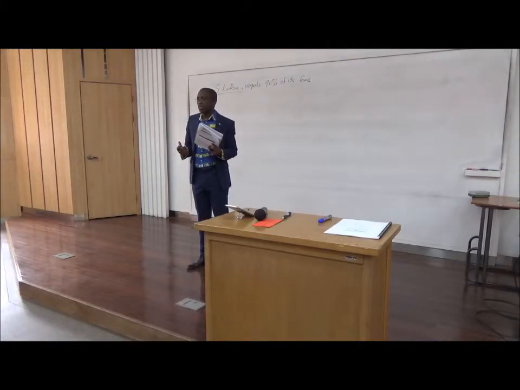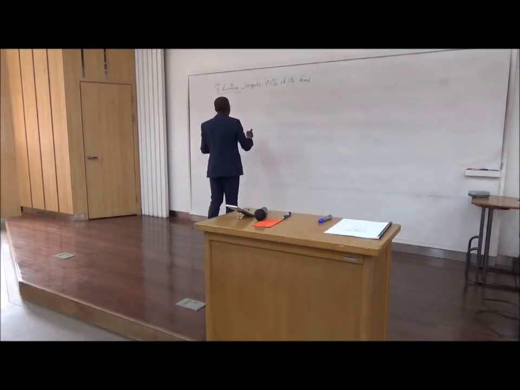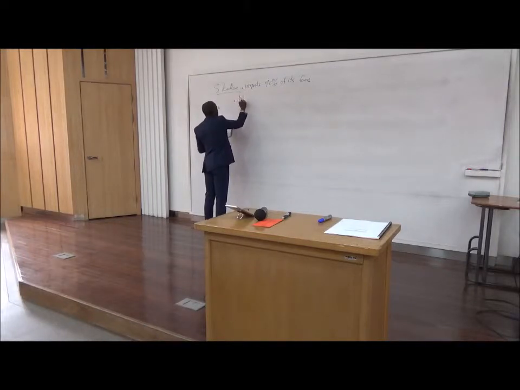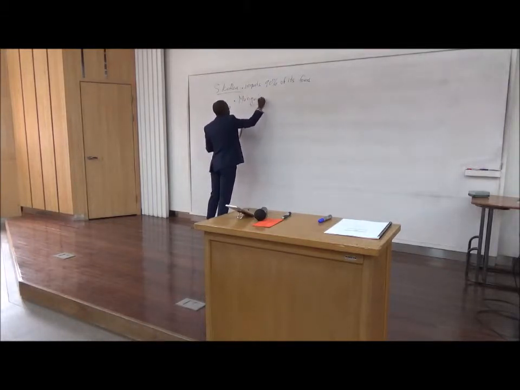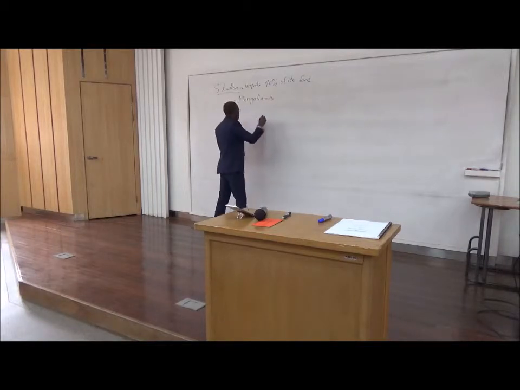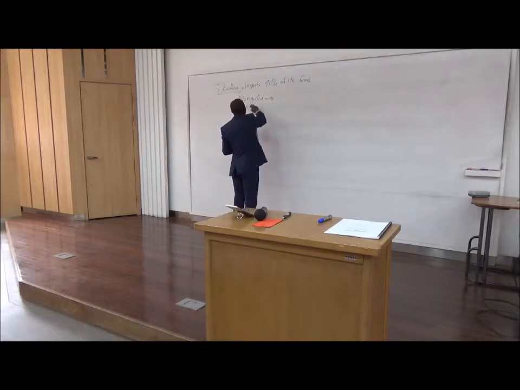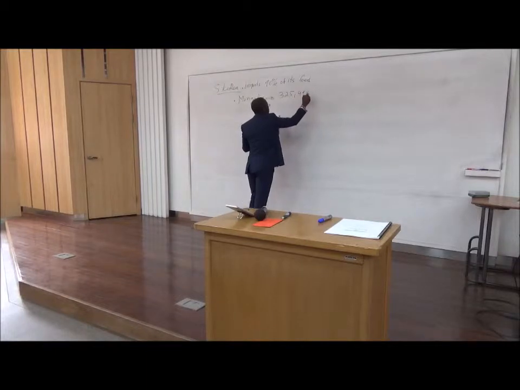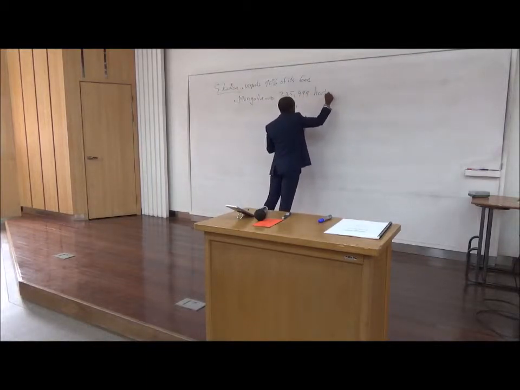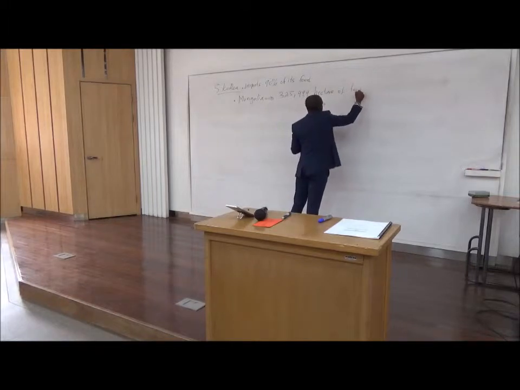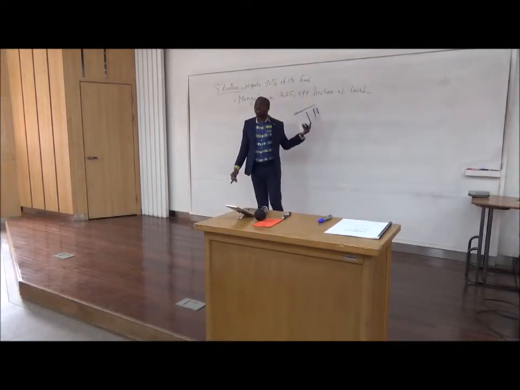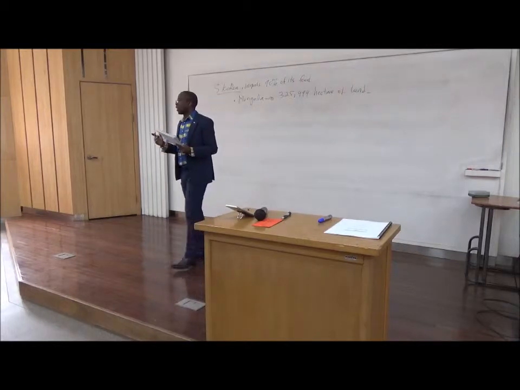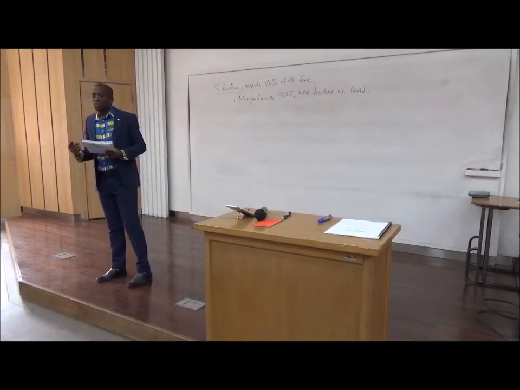Alright? So now, if I give you an example, what is happening, for example, in Mongolia, all right, South Korea bought, the government of Korea bought around 325,999 hectares of land, right? So the government bought this in Mongolia. Why? To produce crops.